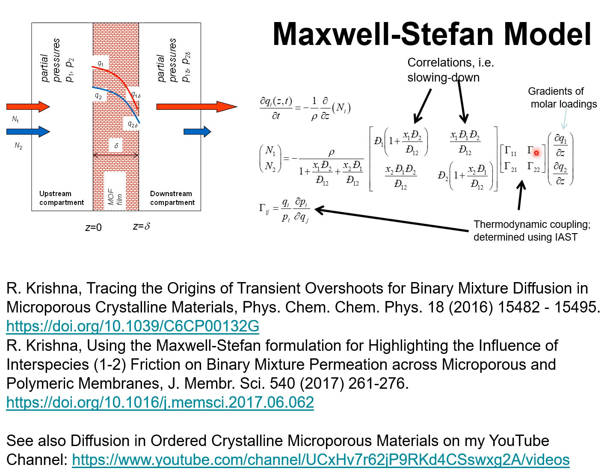In other words, the cross coefficients gamma 12 and gamma 21 have significant non-zero elements. And we shall show that it is indeed the thermodynamic coupling effects engendered by gamma 12 and gamma 21 that cause the transient overshoots.